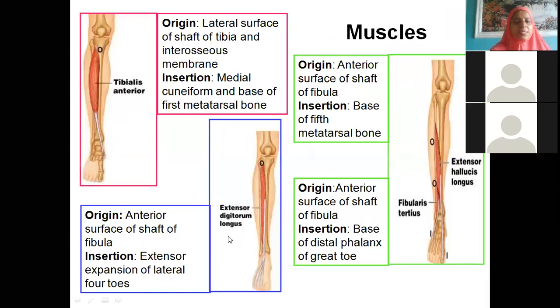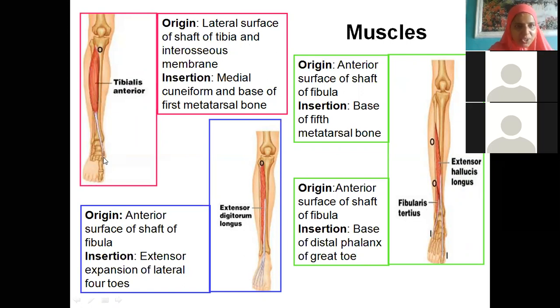Now let us see. Actually, origin and insertion we did when we were doing osteology, so it will be something like a review of what we have already learned. Now coming to tibialis anterior. Origin, do you remember? Lateral surface of the shaft of the tibia and the corresponding interosseous membrane.